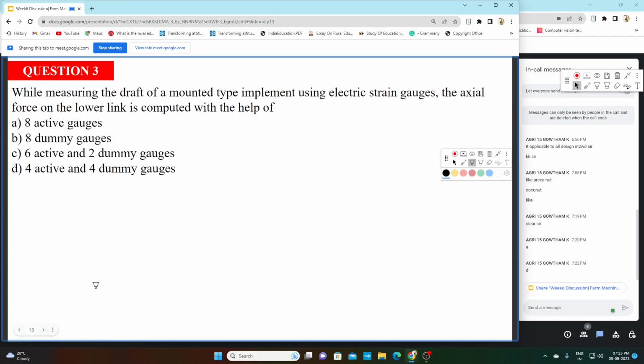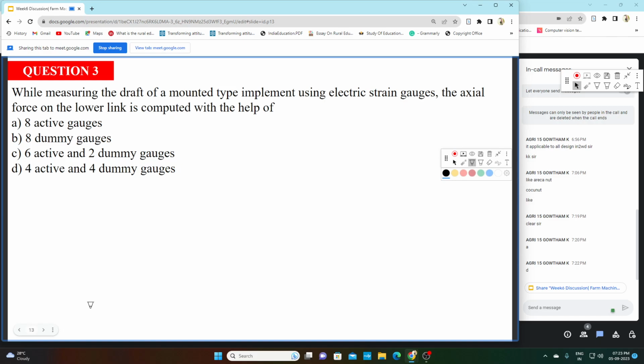While measuring the draft of a mounted type implement using electrical strain gauges, the axial force on the lower link is computed with the help of: A, 8 active gauges; B, 8 dummy gauges; C, 6 active and 2 dummy gauges; and D, 4 active and 4 dummy gauges. So any guesses?